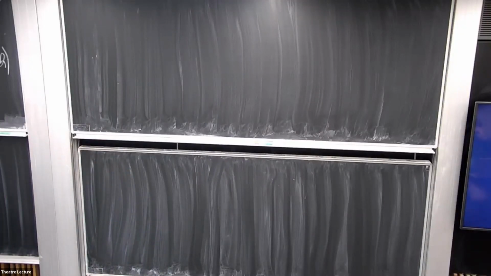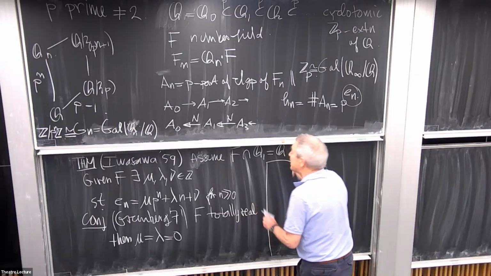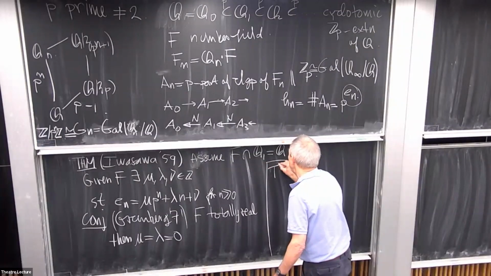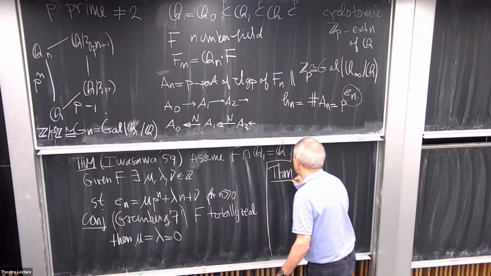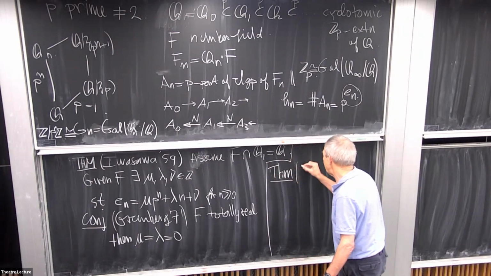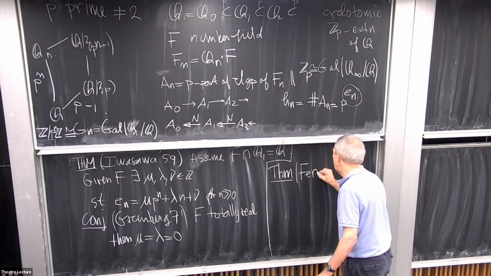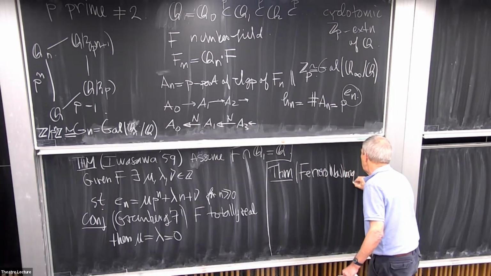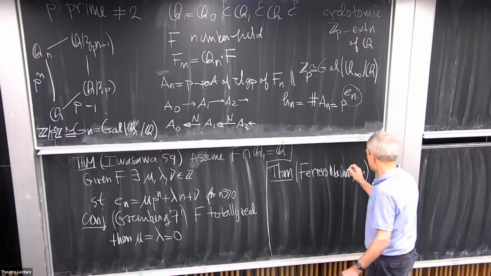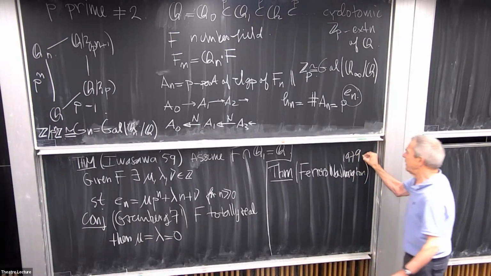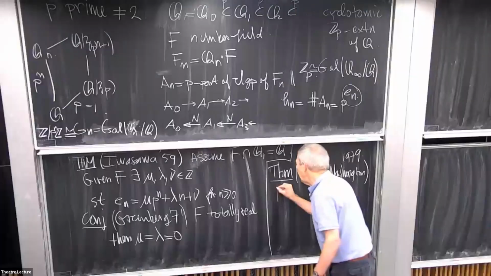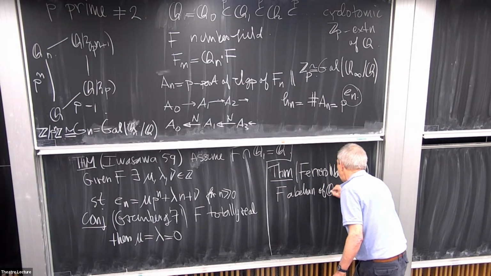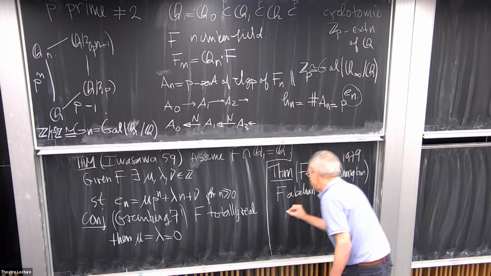And one step was then made by other students of Iwasawa. This is the famous Ferrero-Washington theorem, from 1979. They prove that if F is an abelian extension of Q, then mu is zero.